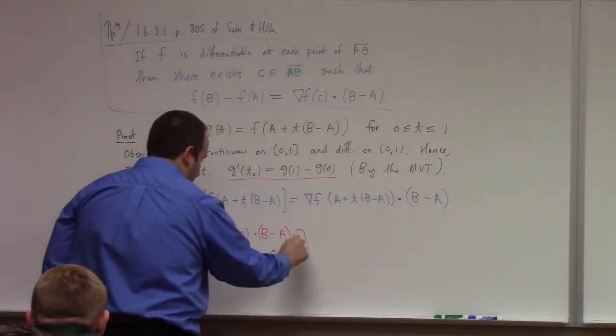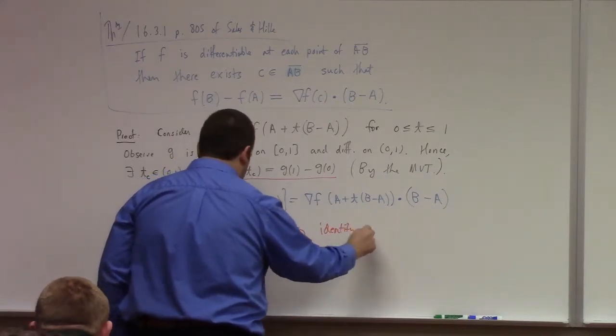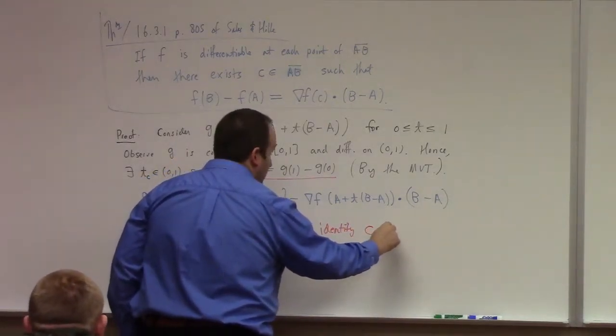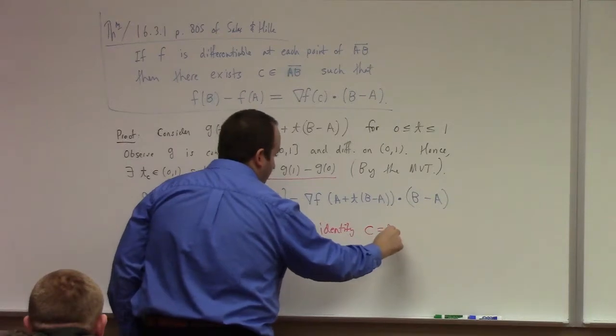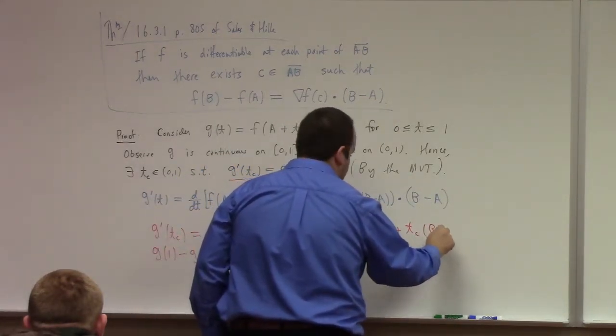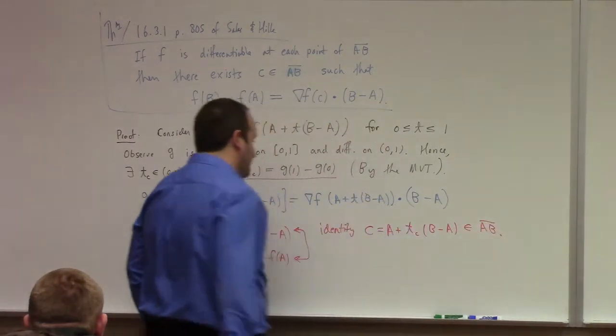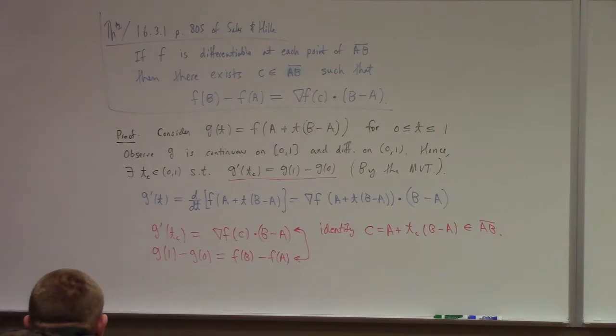So matching these up, we identify c as equal to a plus t sub c times b minus a. That's clearly an element of the line segment from a to b. And there you go. That's a proof of the mean value theorem, assuming the chain rule.